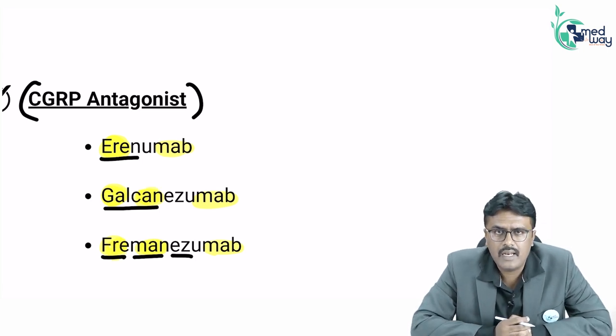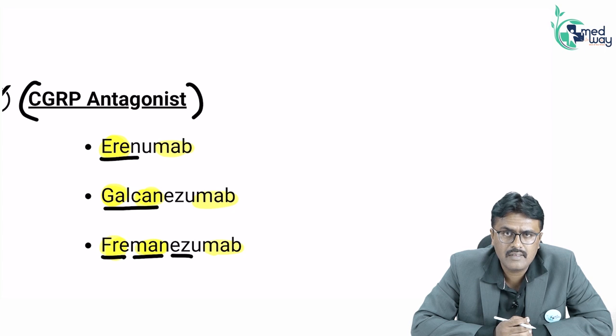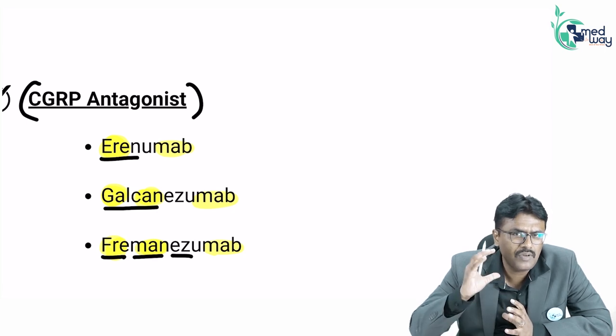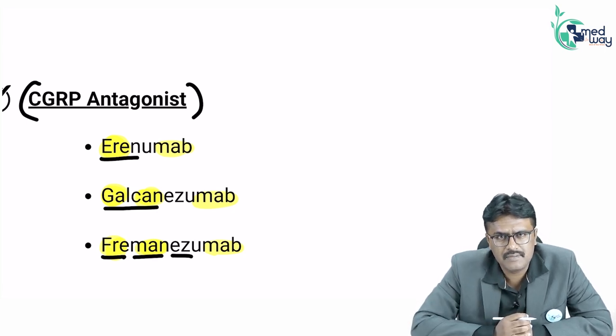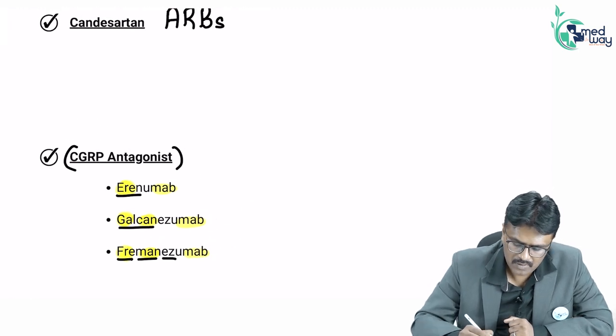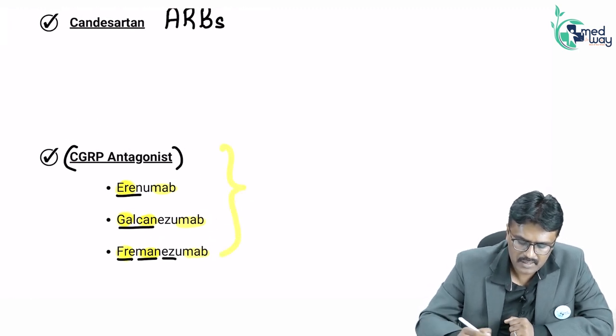Let us repeat the names: erenumab, galcanezumab and fremanezumab. Even if you don't know the full name, at least remember the buzzwords, that is enough. Erenumab, a girl can free a man, fremanezumab. So these are the CGRP antagonists. Remember, these are used for prophylaxis, not for attack.